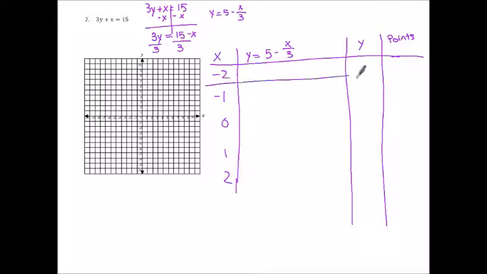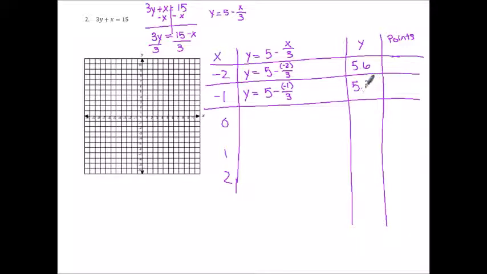So let's plug -2 in. We get y equals (15 minus -2) over 3, and when you solve that, you get 5.6. Now plug -1 in. We get (15 minus -1) over 3, and we get 5.3.